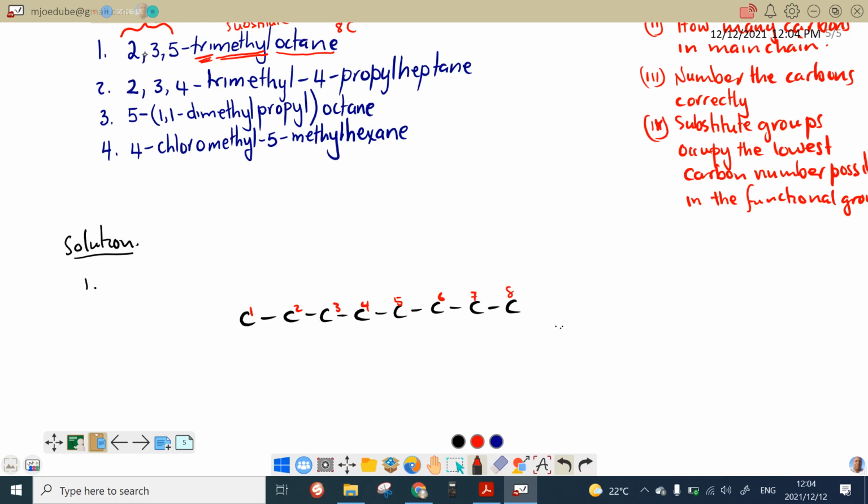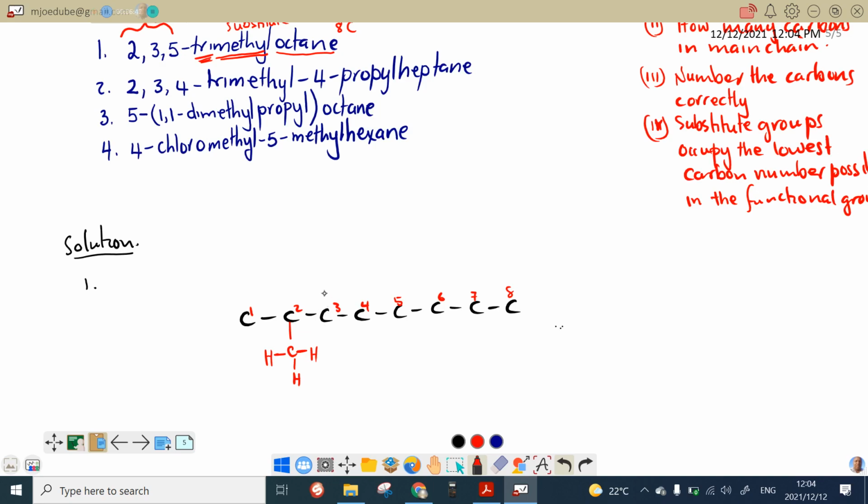On carbon number 2, I've got a methyl group. Take note, it's not ethyl, it's methyl. The methyl group is made up of a single carbon, and there are hydrogens on it, and that is attached to the main chain. Then on carbon number 3, I have another methyl group.